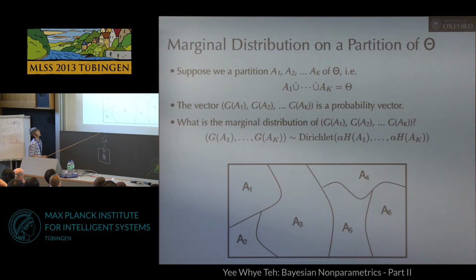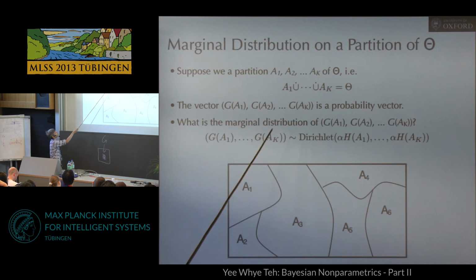This is a probability vector because the total probability over the whole space has to be 1, since G is a probability measure. And G is random, so this is a random probability vector.